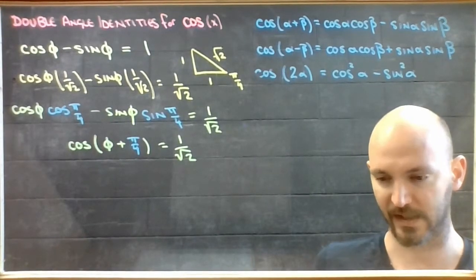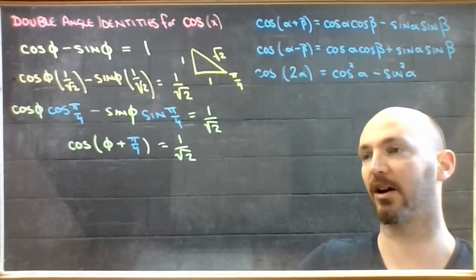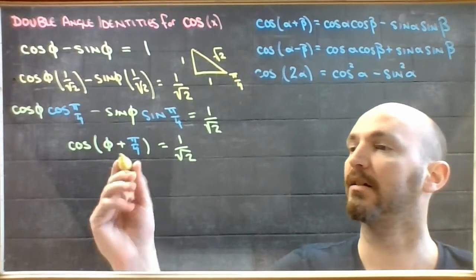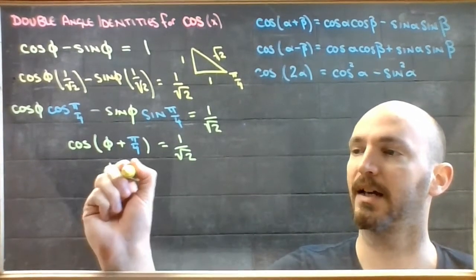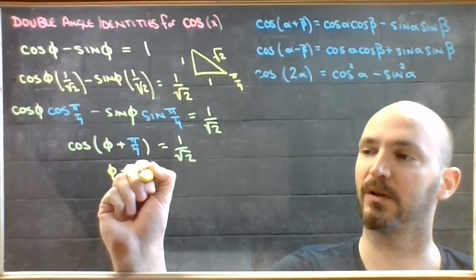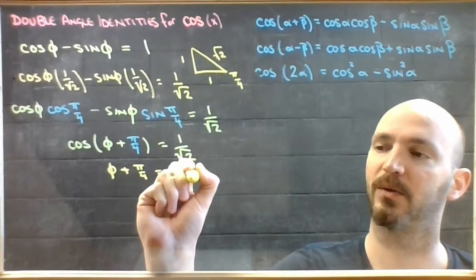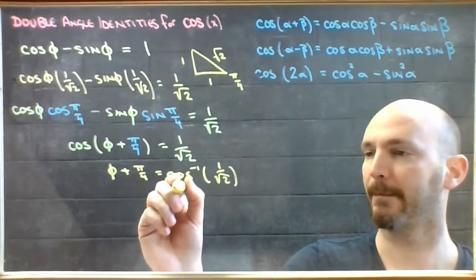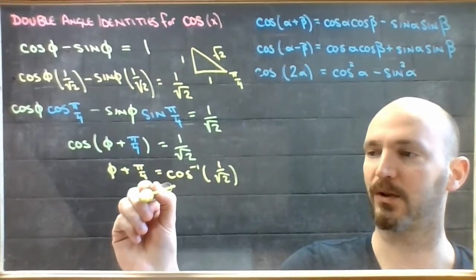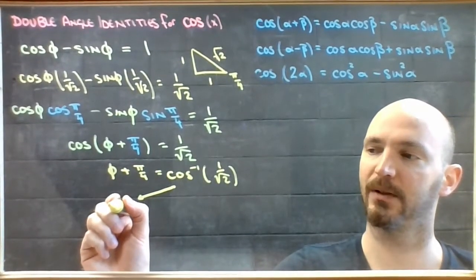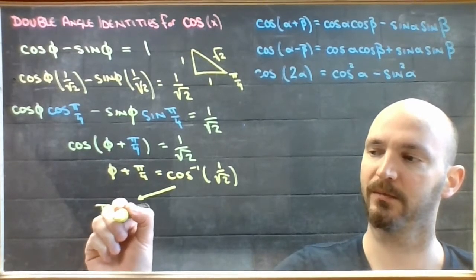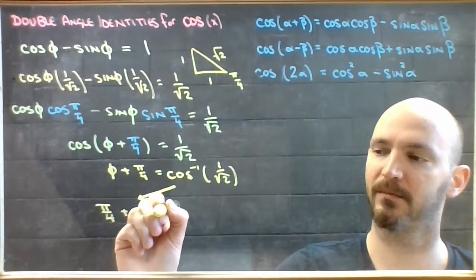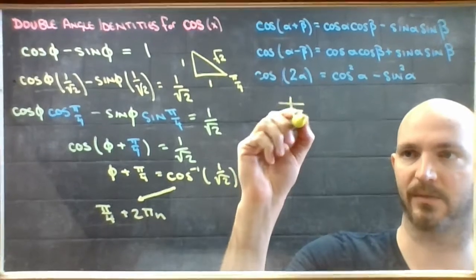So I'm going to finish this then by taking the arc cos of both sides. So I'll have phi plus pi over 4 is arc cos of 1 over root 2. The arc cos of 1 over root 2 is either pi over 4 plus 2 pi n, and again, cast rule.